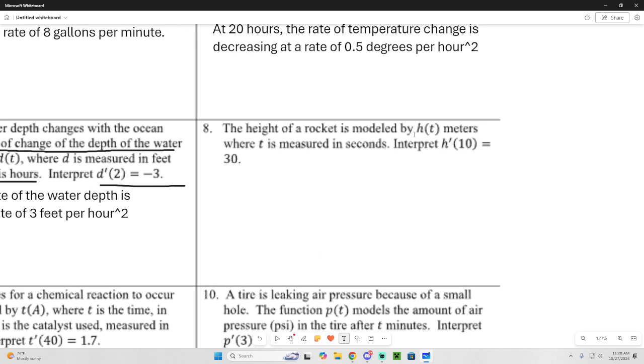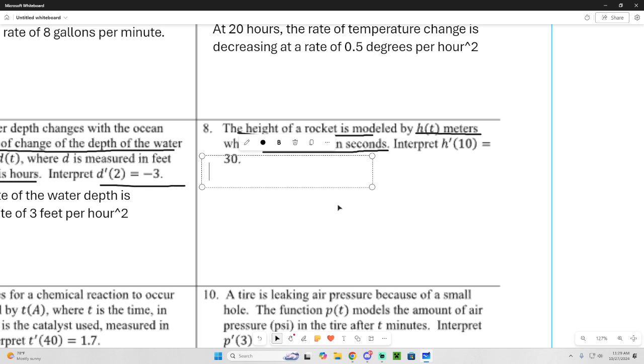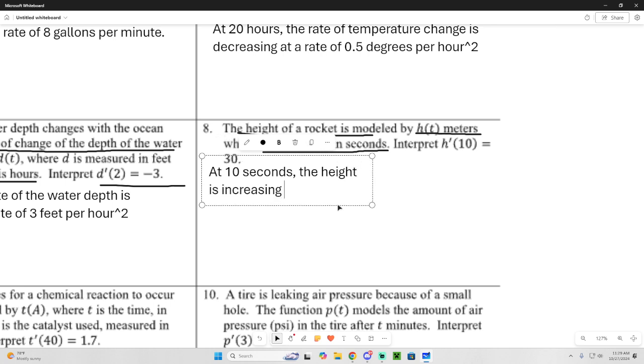The height of a rocket is modeled by H of T meters, and it's measuring the height of the rocket, where T is the measurement of seconds. Interpret H prime of 10 equals 30. Alright, so at 10 seconds, the height is increasing at a rate of 30 meters per second.